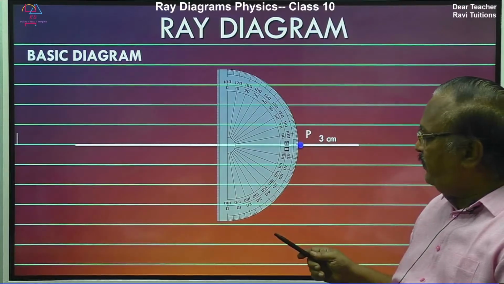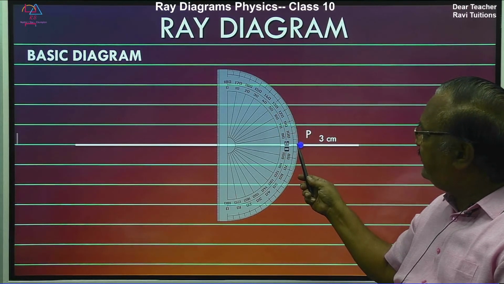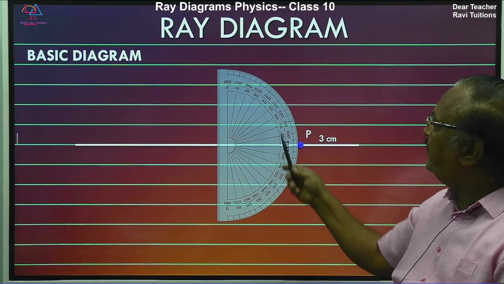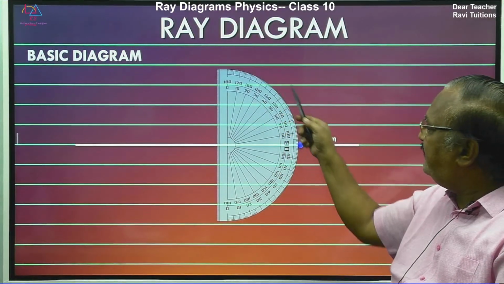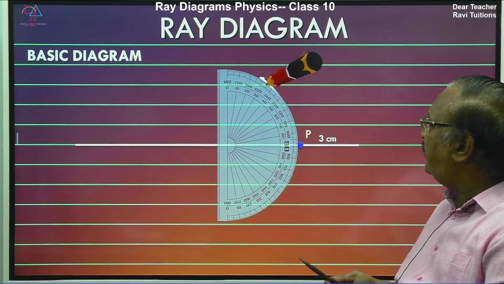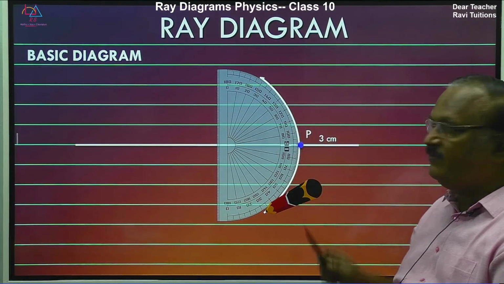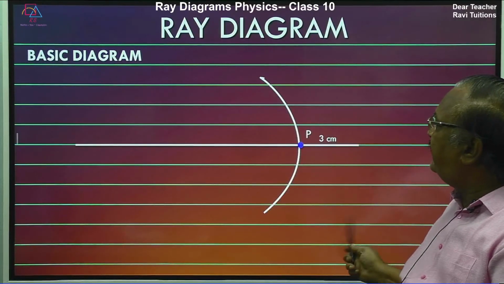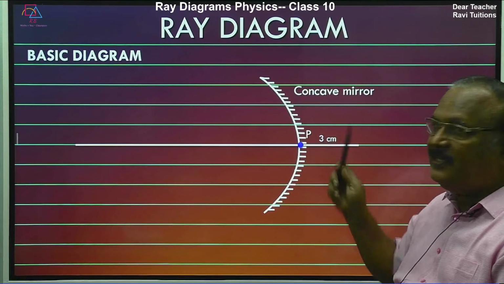Now you draw a curve like this. 90 degrees is there, you can start from 50 to 50, or 40 to 40, 30 to 30, 20 to 20. Any lengthy curve you can draw. Here we have taken 30 to 30, that is 30 to 150. Remove it and shade it so that you will come to know this is a concave mirror.